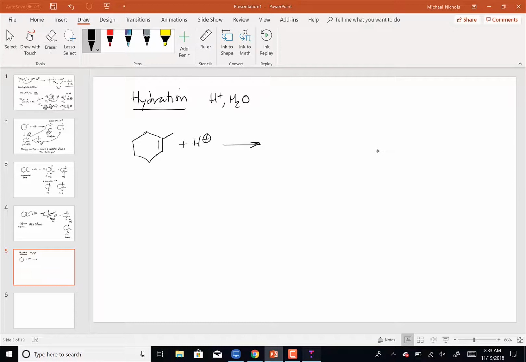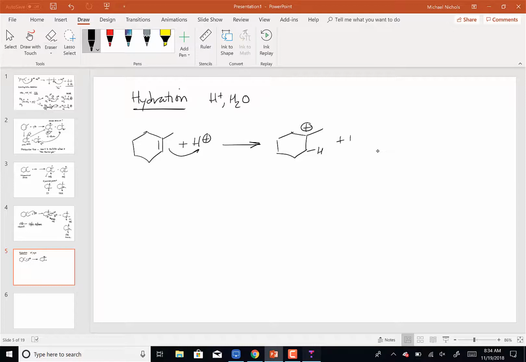I'm going to add my H plus to the double bond. And which carbon does it add to? To the bottom one? Why? Most amount of H's. So I'm going to add the H to the bottom carbon. And that leaves me with that carbocation, which is the most stable carbocation, being tertiary.